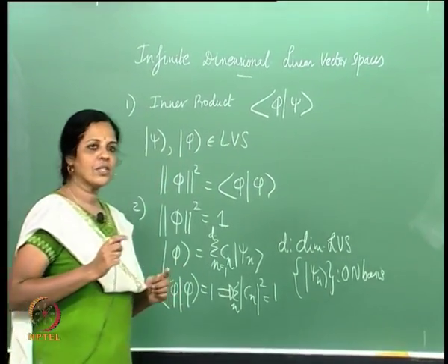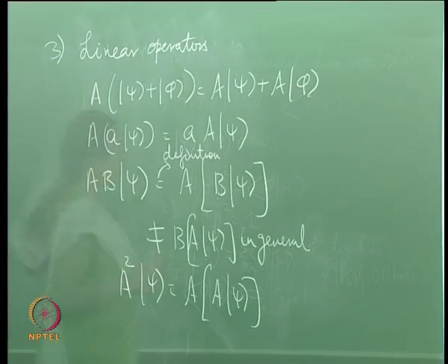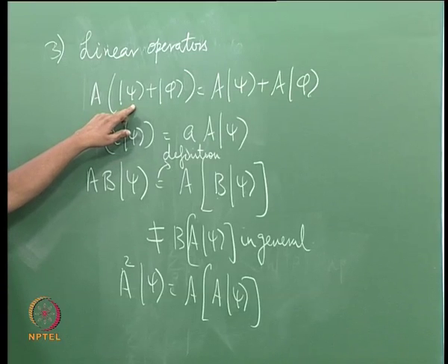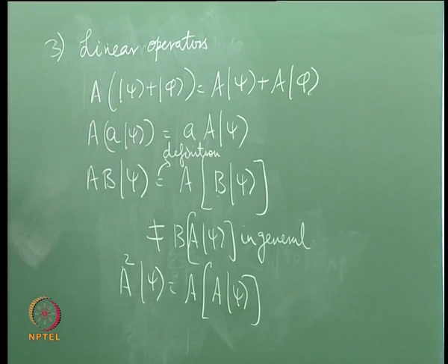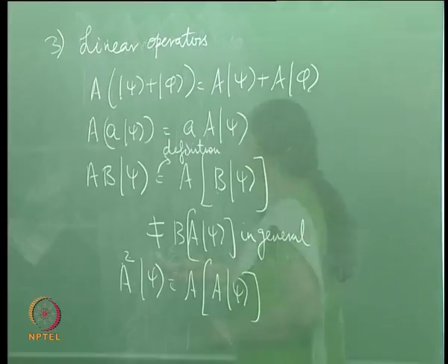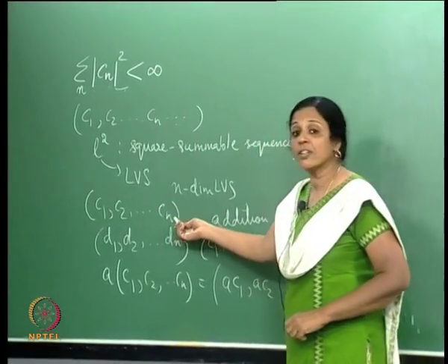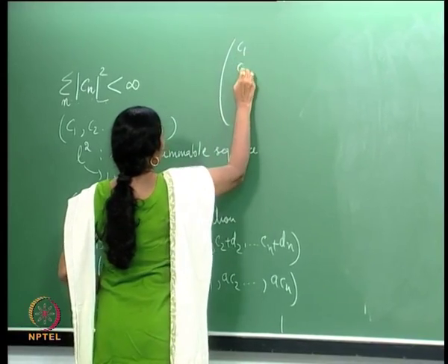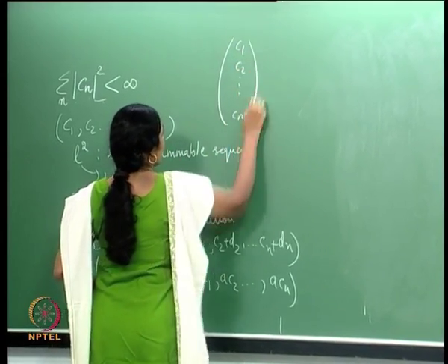A crucial point is now already evident. By a state of the system, we need not necessarily mean a column vector. Here, for instance, is a sequence. Of course, I could have written it as a column, C1, C2, Cn.